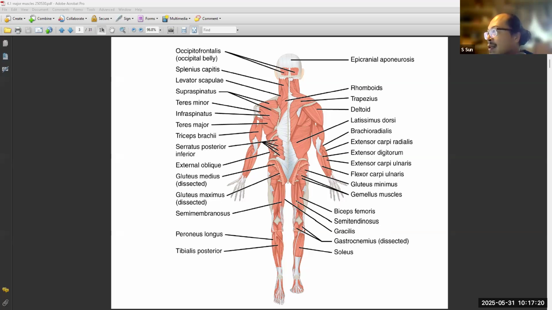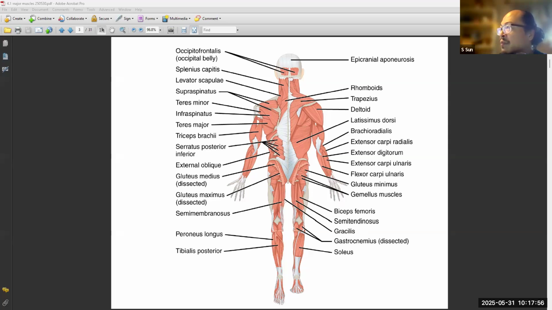The next muscle, next to the semitendinosus, is called semimembranosus. The terminology is very similar, easy to remember. So from the lateral to the medial, the major ones are biceps femoris, semitendinosus, then semimembranosus.